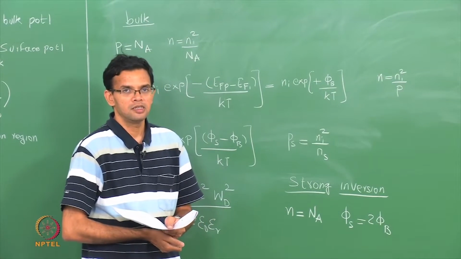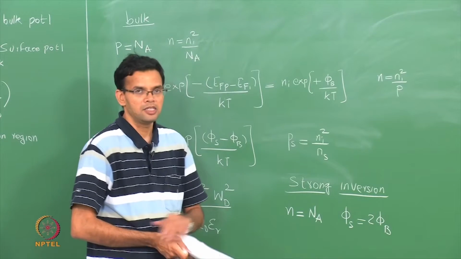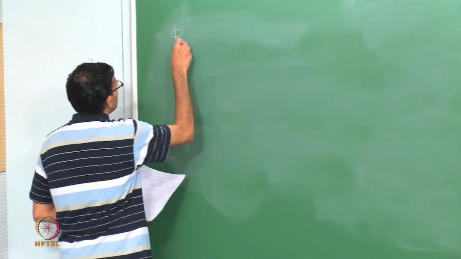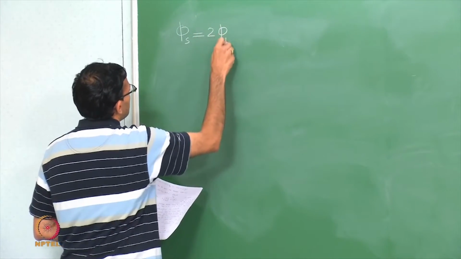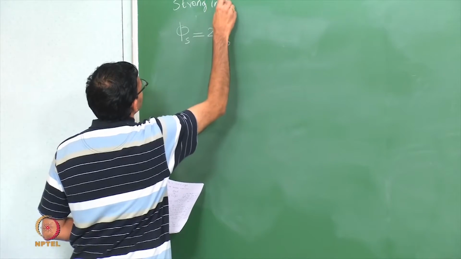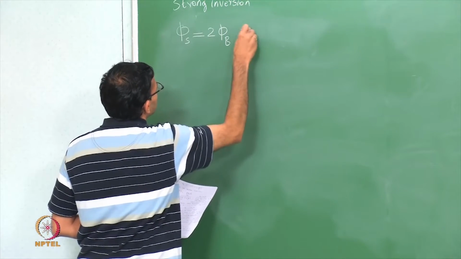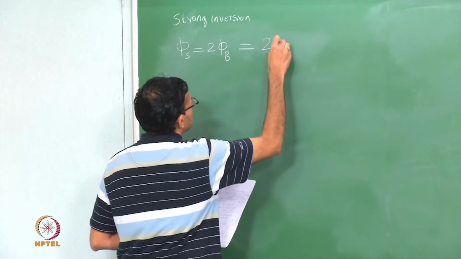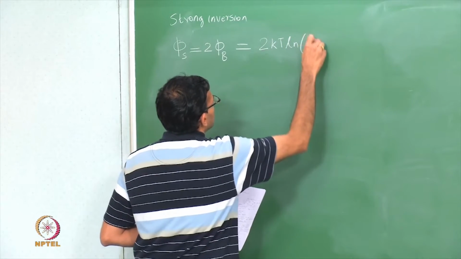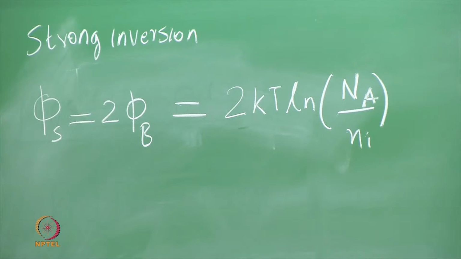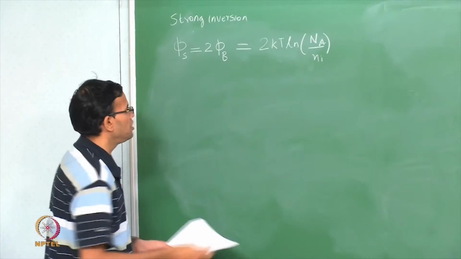So, we will equate this in order to calculate the width at strong inversion. We have a case of strong inversion where phi s is 2 times phi b. This in turn is related to the concentration of the acceptors, ln Na over Ni. We also saw an expression relating phi to the width of the depletion region.